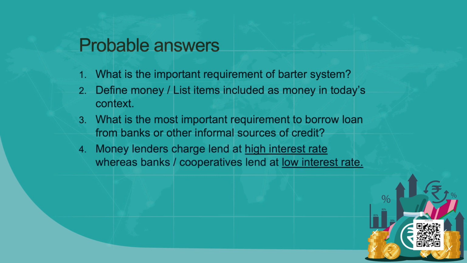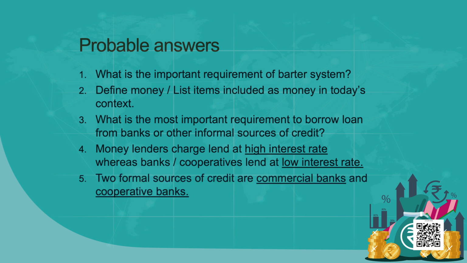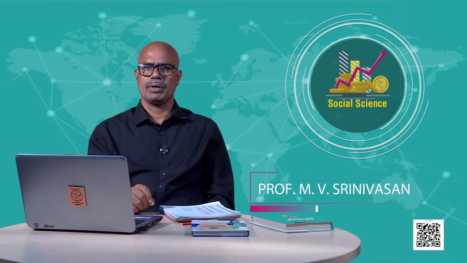Question number 4, fill in the blanks: moneylenders charge a high interest rate, whereas banks and cooperatives charge a low interest rate. Question number 5, name 2 formal sources of credit. Question number 6, what is the advantage of borrowing through a self-help group? With this, we are coming to the end of this session and also the end of the unit.